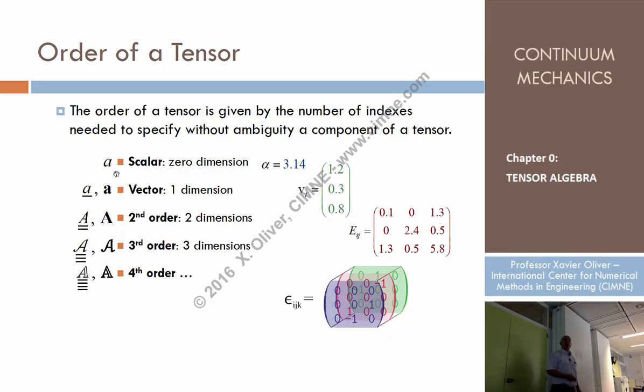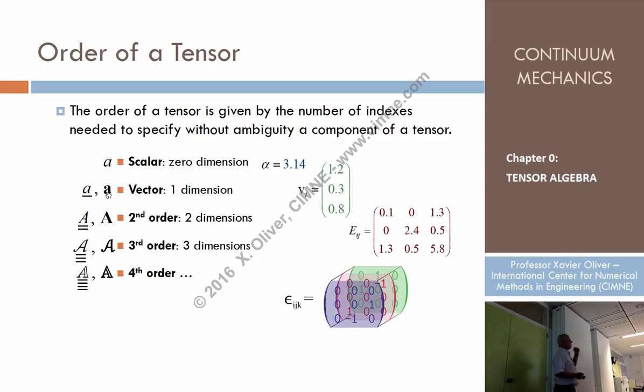How to represent that? In general, a scalar, a zero-dimension tensor, is represented by a single small letter, right? When we deal with a vector, in books, we use a boldface letter.